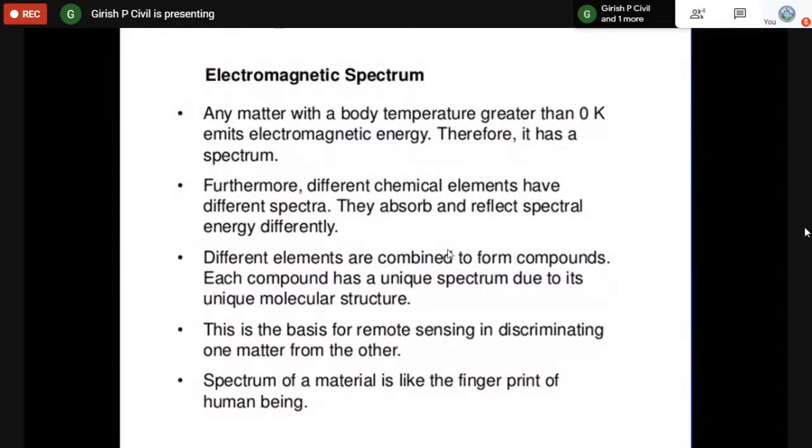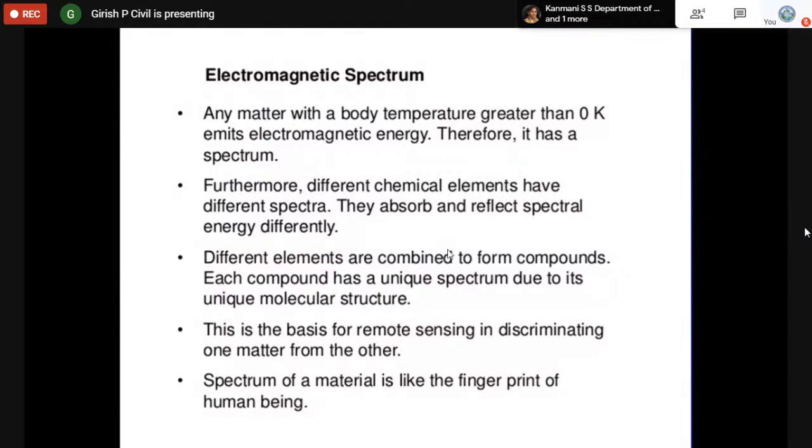Furthermore, the spectrum ranges vary from one wave pattern to another. The electromagnetic spectrum is always based on the device which can be used to observe a particular type of energy. So this is the base of remote sensing in discriminating one matter from another.